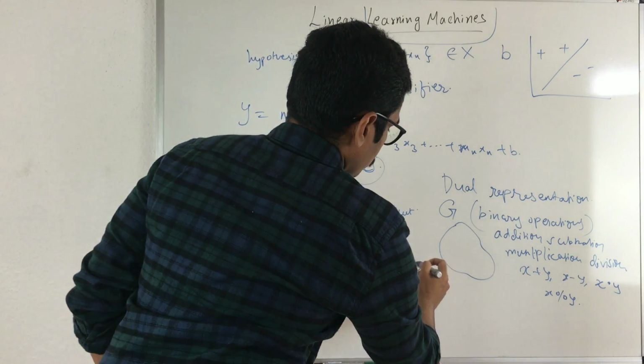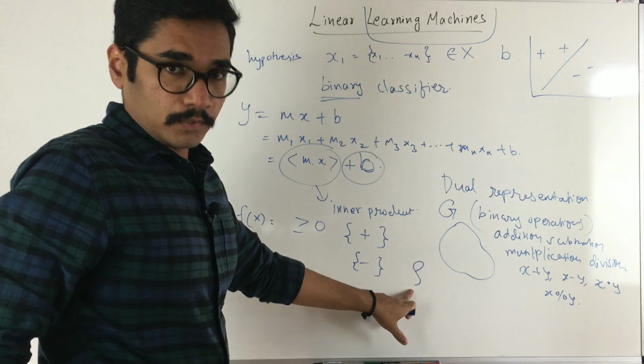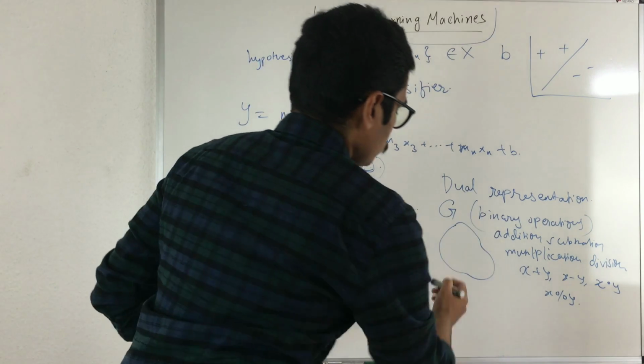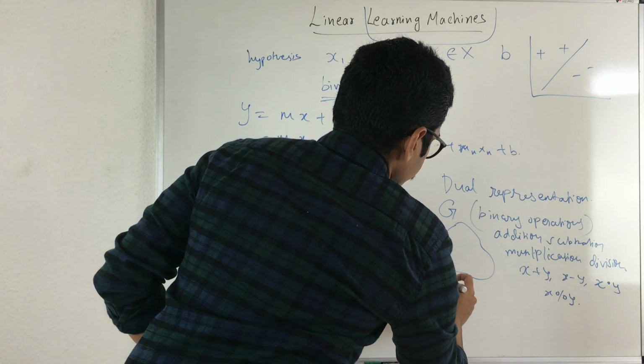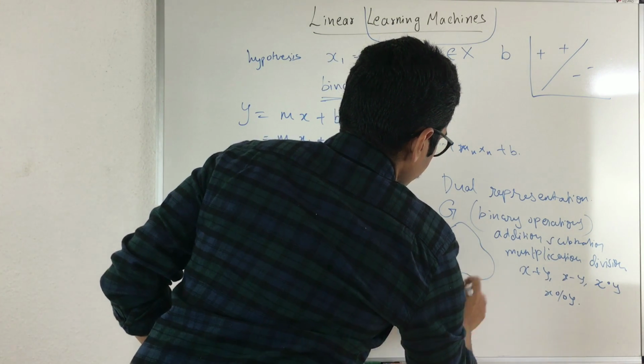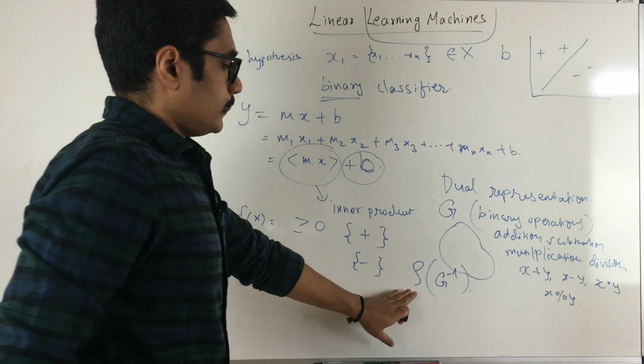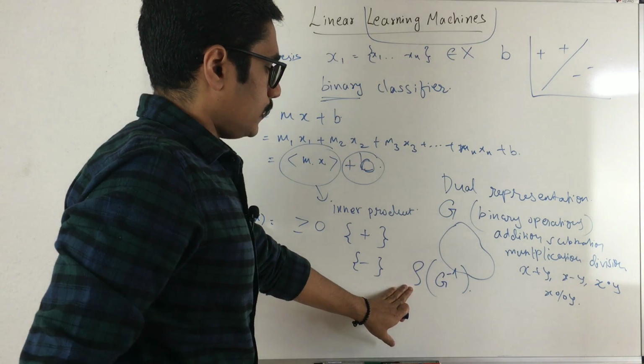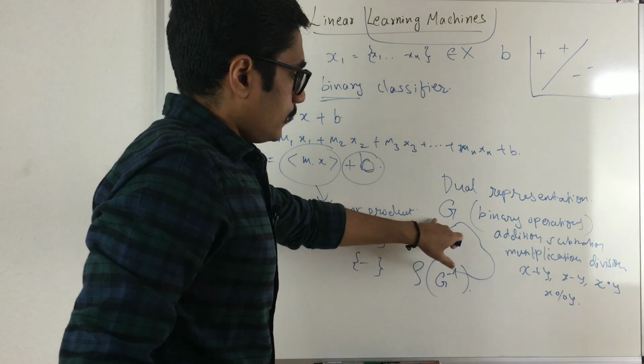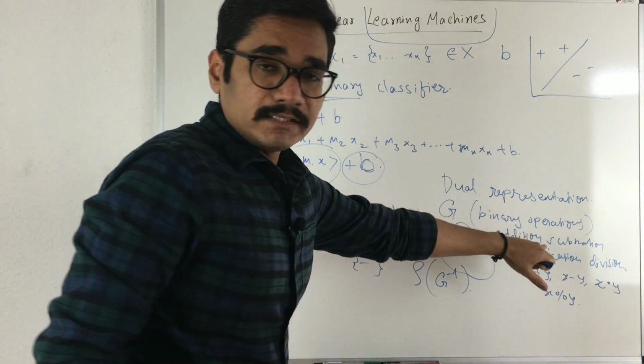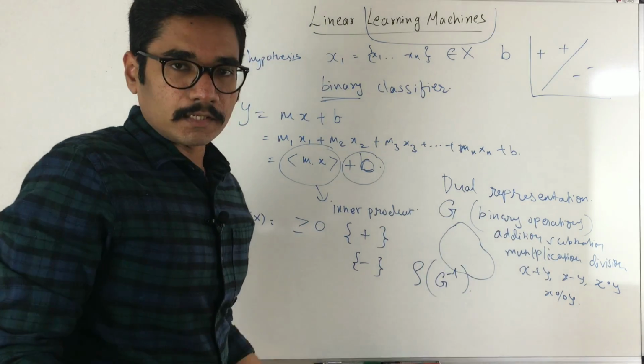So let's say we represent that with the help of a simple row, and this will take the form G inverse. Now this particular linear function takes the binary operator and it takes the transpose.